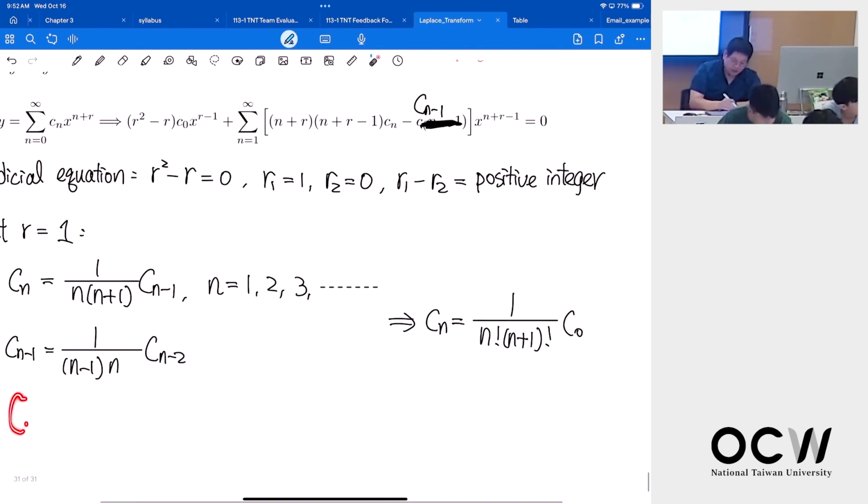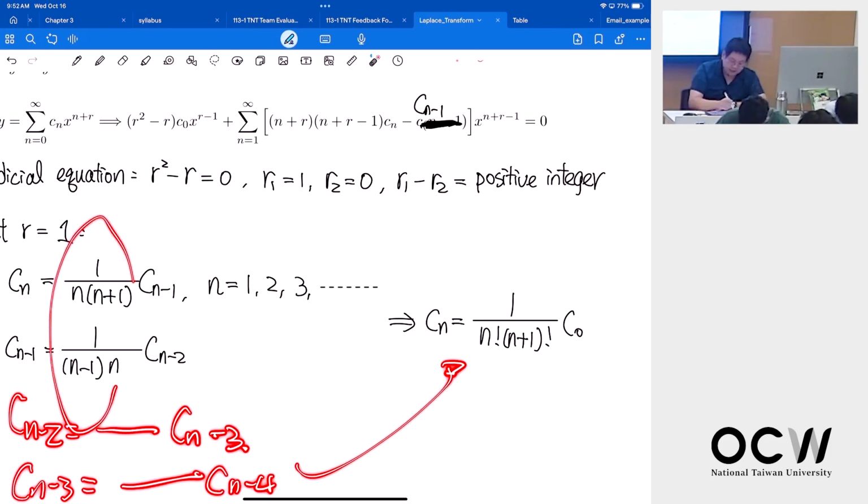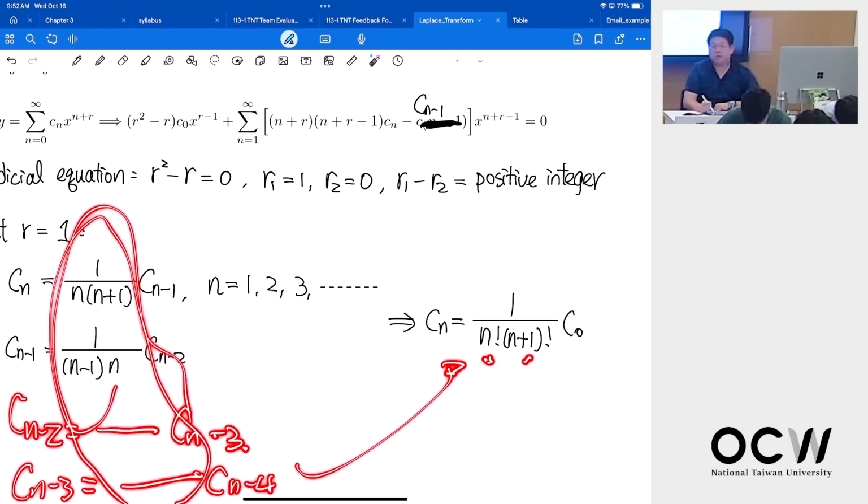You can do Cn minus 2 to Cn minus 3, and Cn minus 3 equals something for Cn minus 4. Finally, you can get this pattern that should be n factorial times (n plus 1) factorial. Okay?